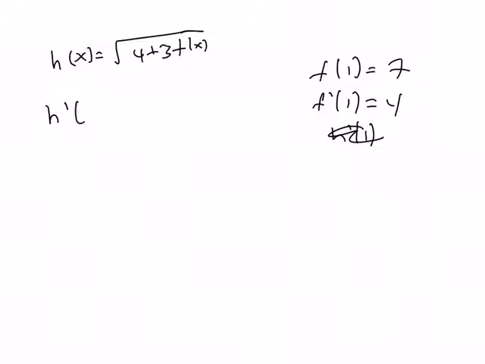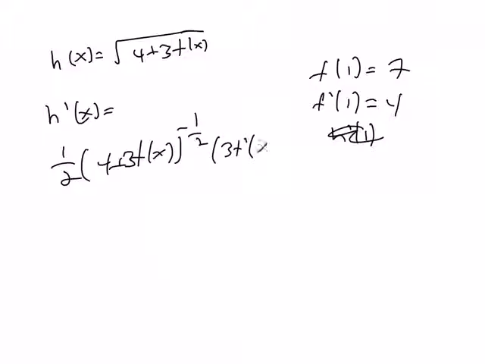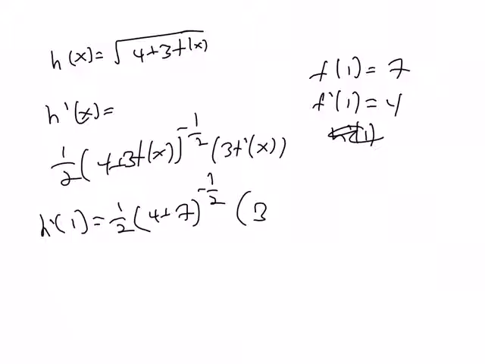So h prime of x is a half, 4 plus f of x to the negative a half, times 3 f prime of x. So now h prime of 1 is going to be a half, 4 plus f of 1, which is 7, to the negative a half, times 3, and then this is 4.